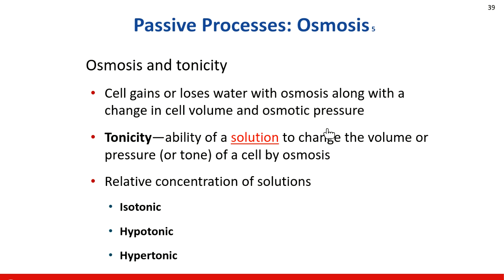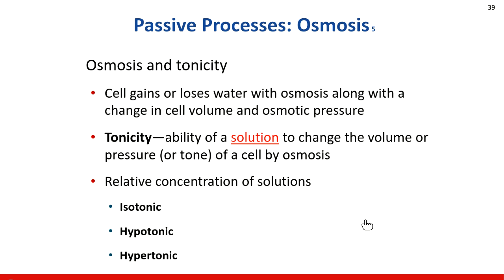But a cell can either gain water or lose water through the process of osmosis, all right? And when it does that, it will affect the cell's volume, how big or small it is, and it will also affect its osmotic pressure, the pressure inside the cell. So when we talk about tonicity, this is what we're referring to, how a solution, whatever that cell is in, is going to affect the osmotic pressure of that cell.